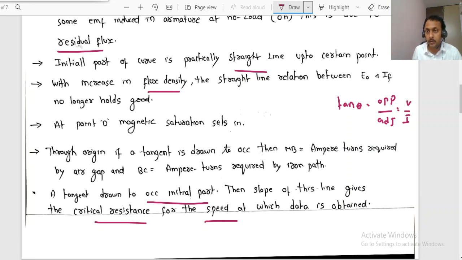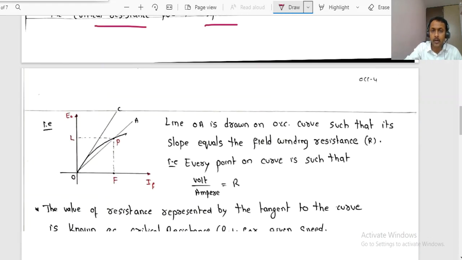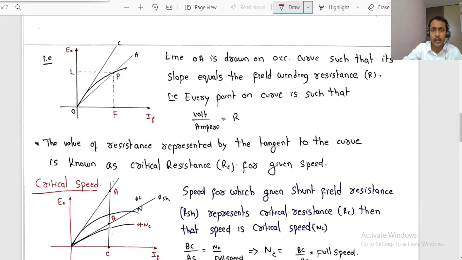If the speed is changed and you plot the OCC again, you may get some other tangent. The tangent drawn to the OCC and the slope of the line gives the critical resistance. That is important. Now observe, dear students, this is the OA curve you got.